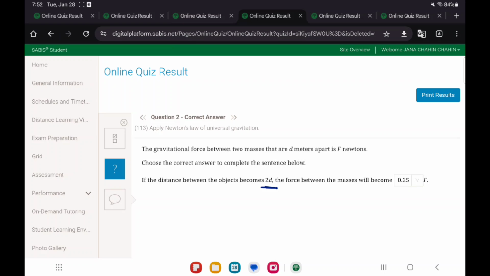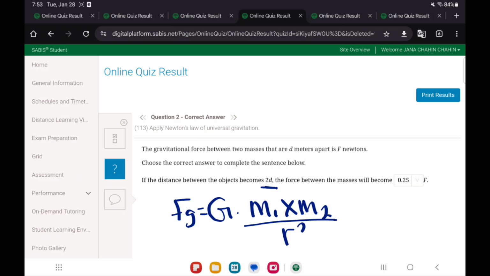So we know that F of G equals G times m1 times m2 over r squared. The distance is multiplied by 2, so it becomes m1 times m2 over (2r) squared, which, like I solved it, is 4r squared. So it's 1 over 4.